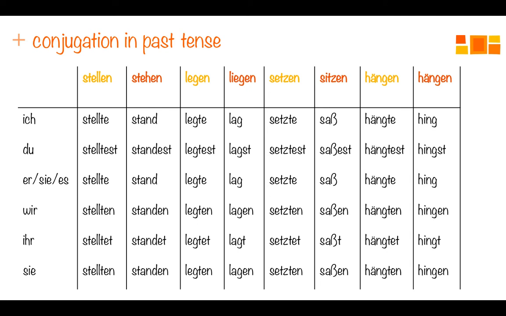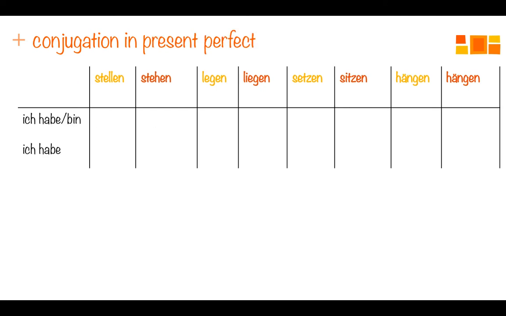And the same goes for the present perfect. The verbs of direction are regular, and always you use the auxiliary haben with them. Ich habe gestellt, ich habe gelegt, ich habe gesetzt, ich habe gehängt.